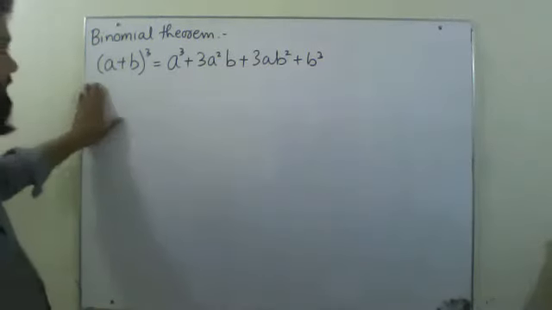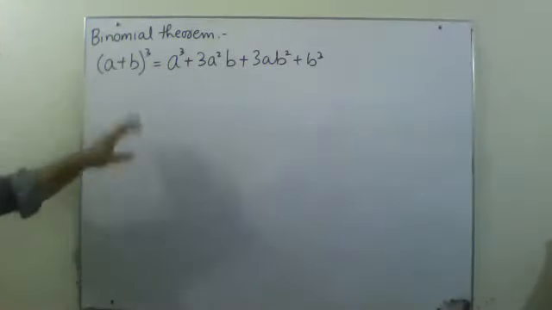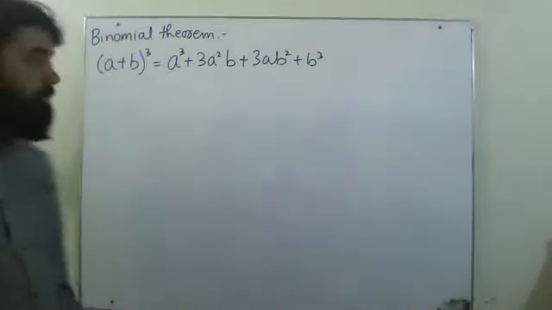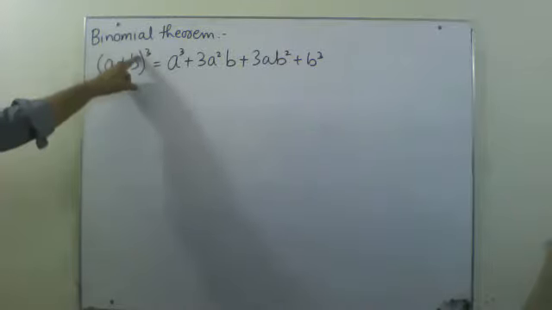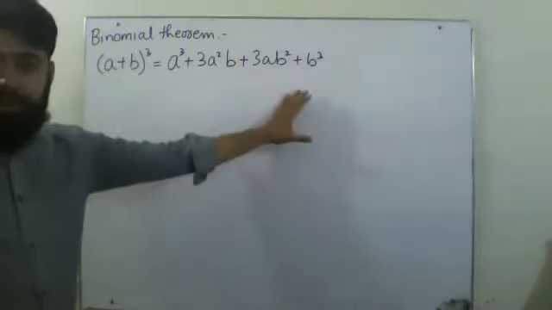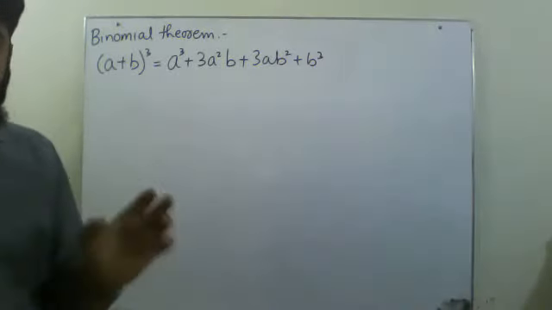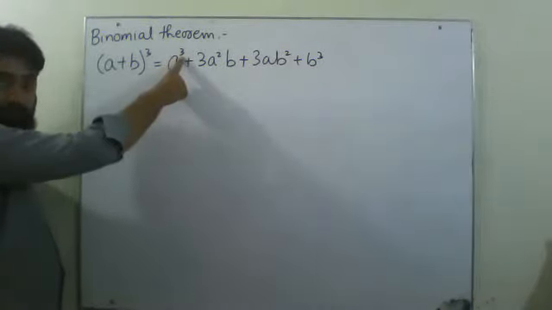Now I have an expansion of a plus b whole cube, which is a cube plus 3a square b plus 3ab square plus b cube. Inside the bracket, the power is 1 and 1. Outside the bracket, for each term, if you add their powers, the power here is 3.